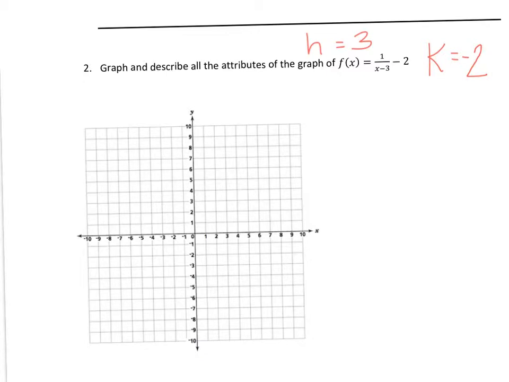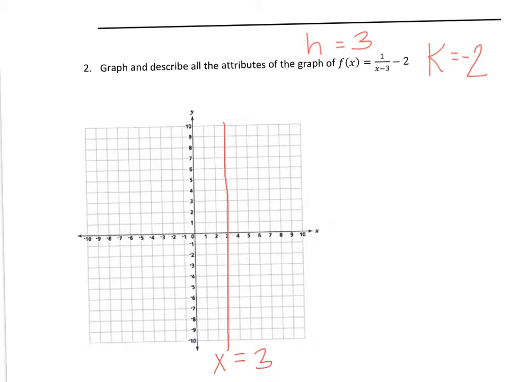After you find h and k, you now know where the two asymptotes are. When h is equal to 3, that means the vertical asymptote has shifted 3 units to the right. So this is one of your asymptotes. Since that's crossing the x-axis, that is the line x equals 3.